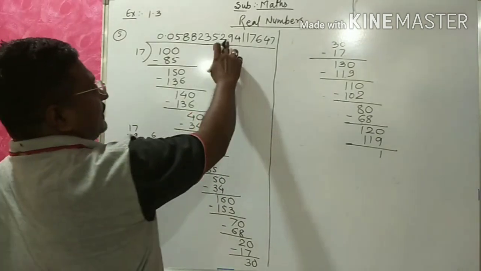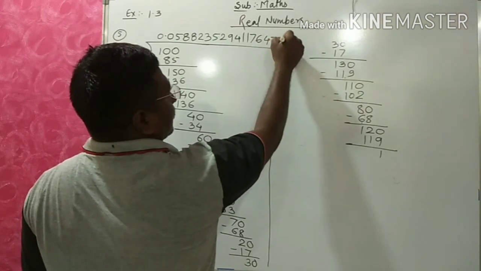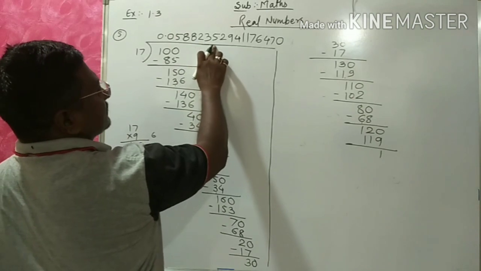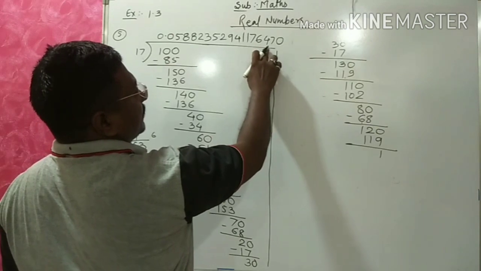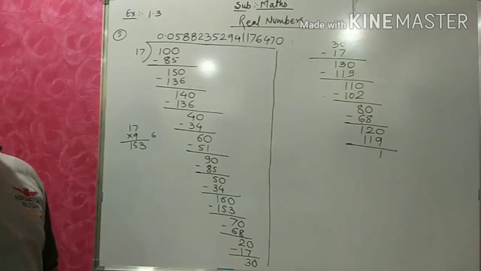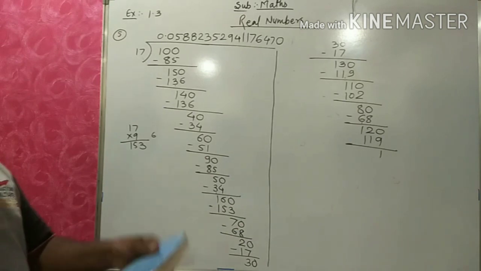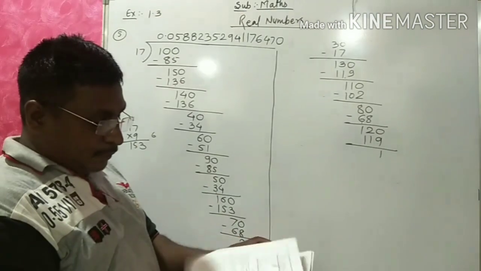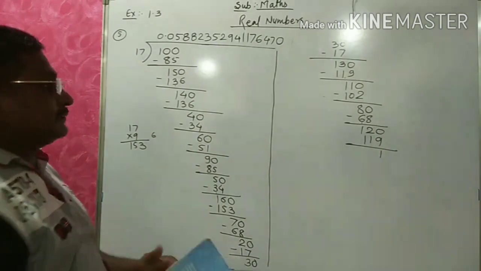Means after how many digits does the repetition come? 1, 2, 3, 4, 5, 6, 7, 8, 9, 10, 11, 12, 13, 14, 15, 16. After how many blocks of digits? 16 blocks of digits. The digits are repeating. So whatever the question, what is the maximum number of digits in the repeating block of digits in the decimal expansion?